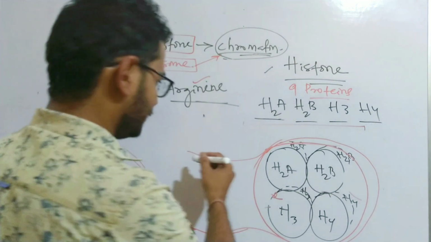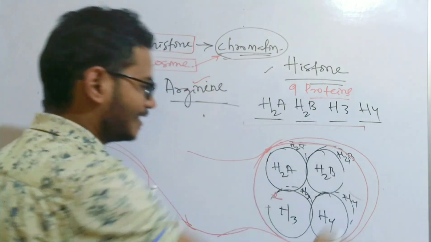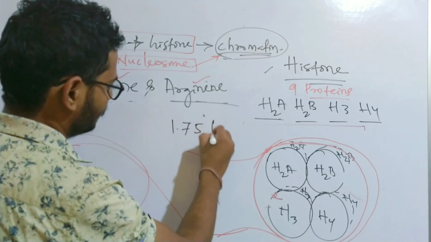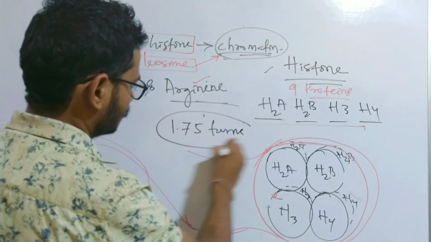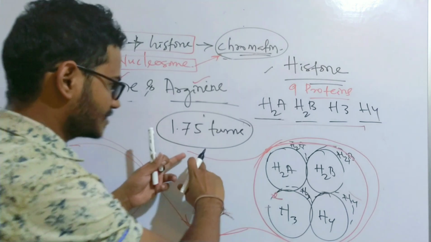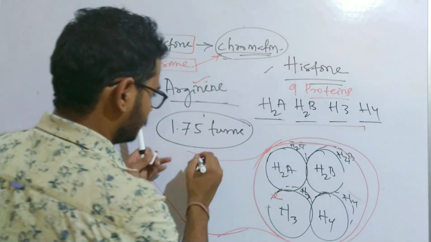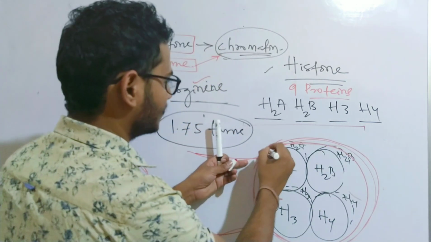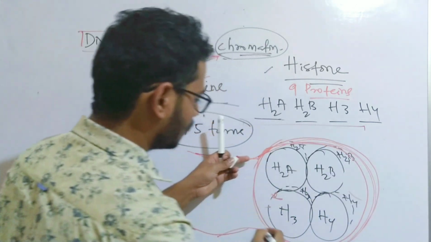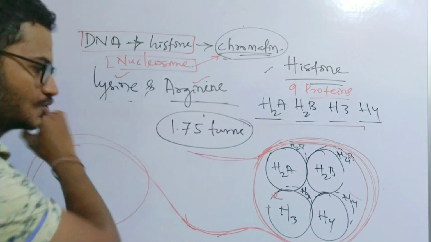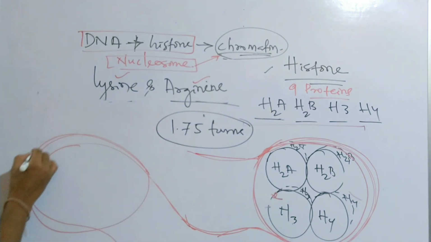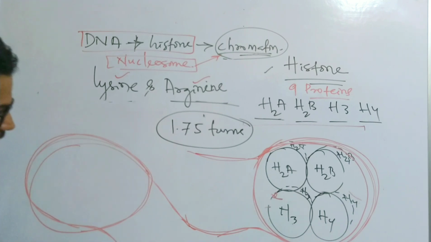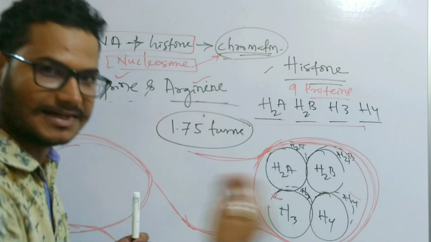So the DNA thread coils around the histone protein 1.75 turns. 1.75 turns means, look, it came in contact with the histone here, one complete circle, then 3/4, and then next to another nucleosome. Here also it will complete one circle, then 3/4, and will go to another, and like that.